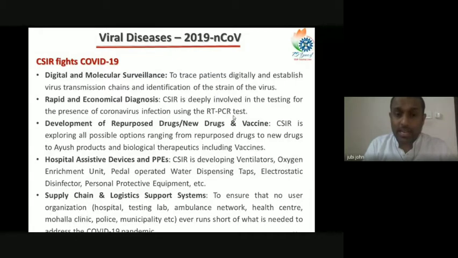Most of our labs are now involved in diagnosing and testing for the virus infection, and in the development of repurposed drugs for COVID-19. I was leading this activity here at CSIR NIST.